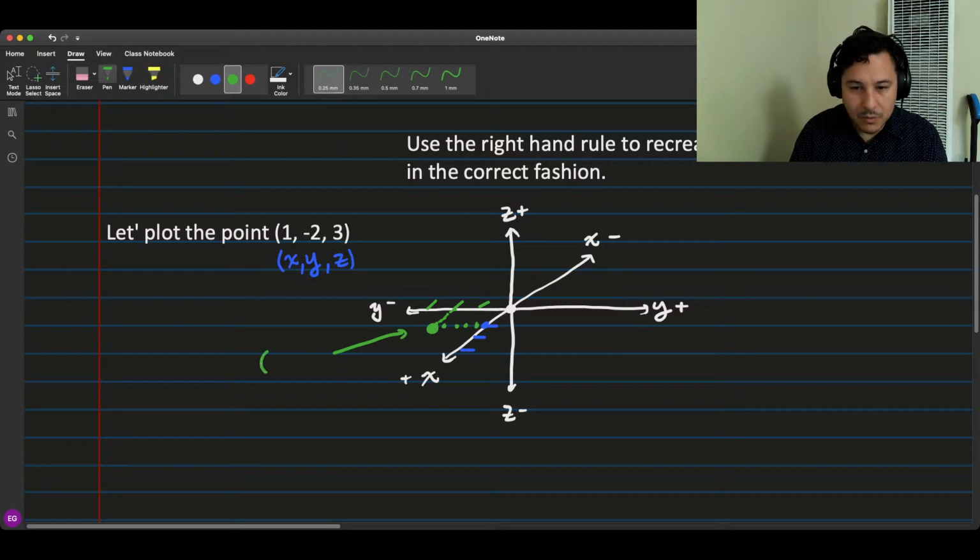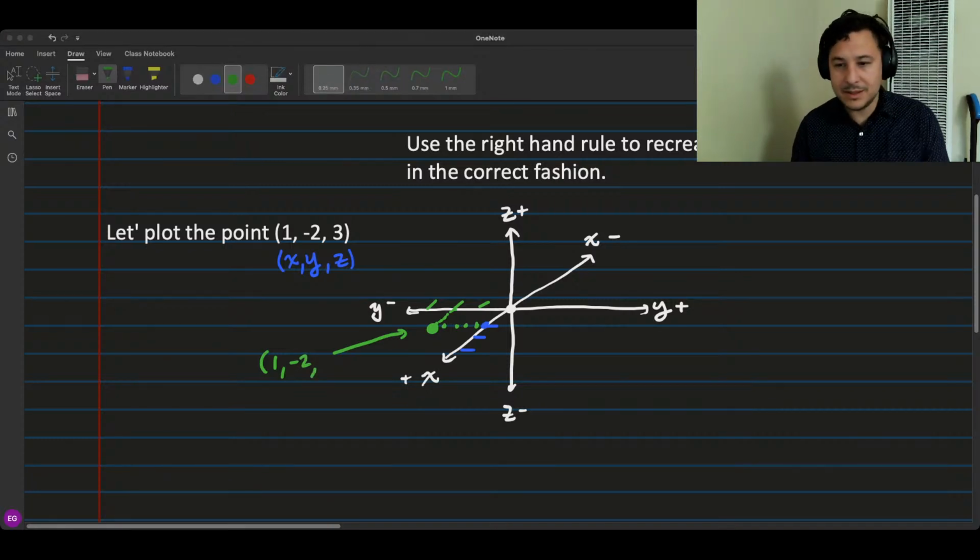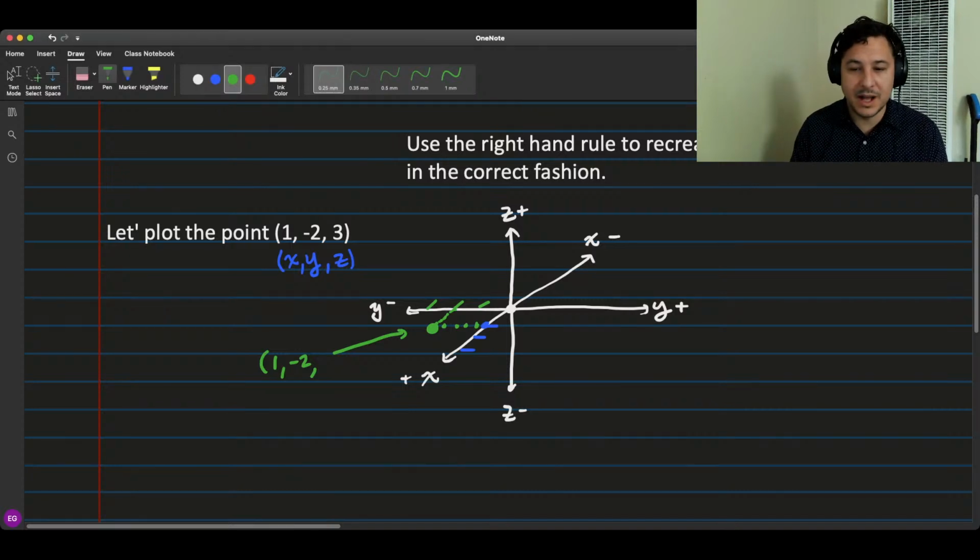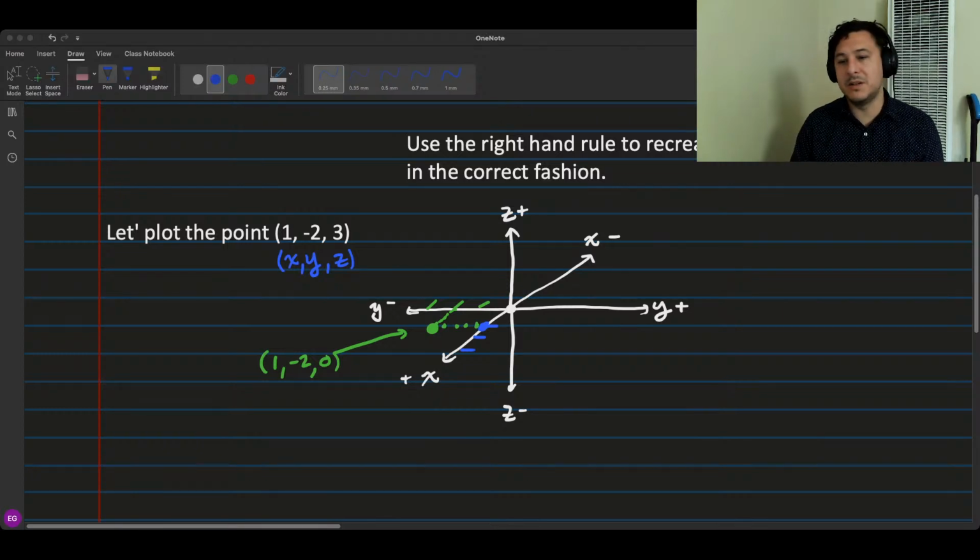So that point right there is 1, -2, comma what? That little green point right there, which is on the xy plane. What's its z value? 0, yeah, because we haven't gone up or down yet. Do you see how we moved 1 in the x direction, and then moved -2 in the y direction?